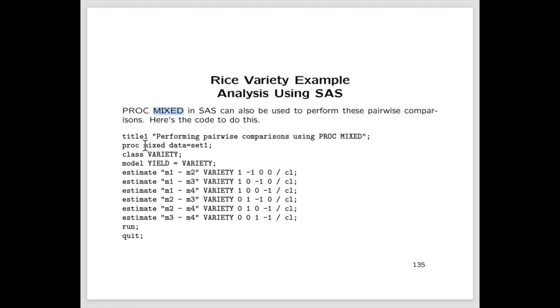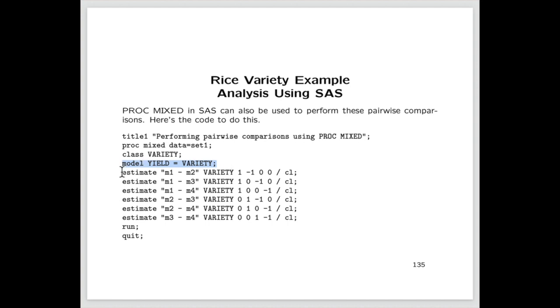So we invoke Proc Mixed. We still have to specify to Proc Mixed the classification variable, which is variety. We specify the model in the same way. The yield is the response variable. Variety is the variable that identifies the different groups or populations.